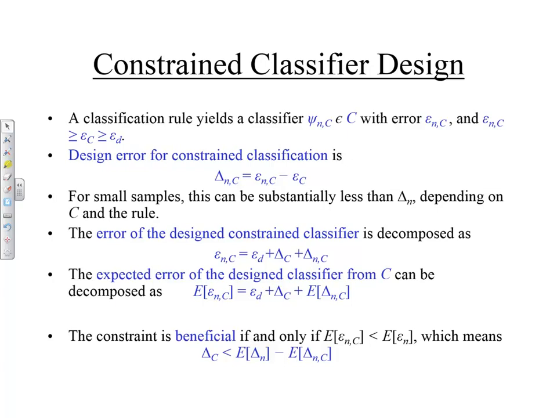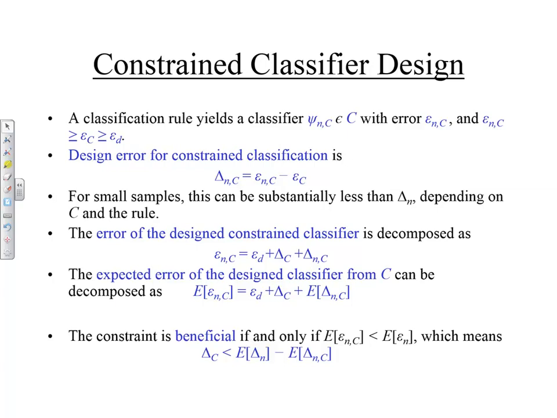You can say that the constraint is beneficial if the cost of constraint, delta c, that you are incurring, which is the amount by which the Bayes error is increased when you put that constraint, is less than the difference between the design error associated with the Bayes classifier and the design error associated with the constraint classifier.